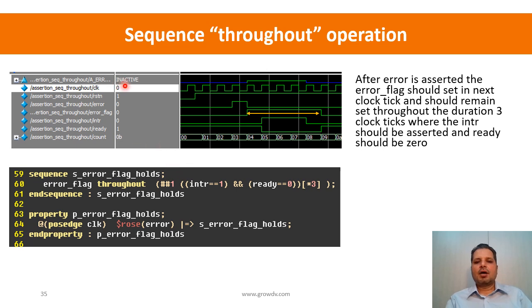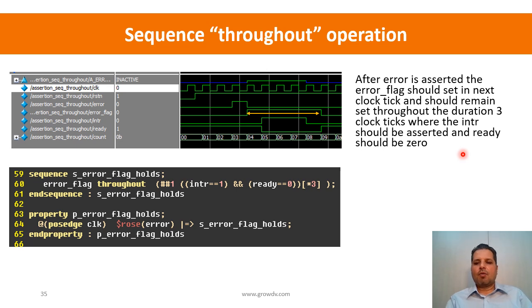So here we have our sequence. The requirement is something like this. When the error is asserted, the error flag should be set on the next clock tick, and it should remain set throughout the duration of 3 clock ticks, where interrupt should be asserted and ready should be 0.